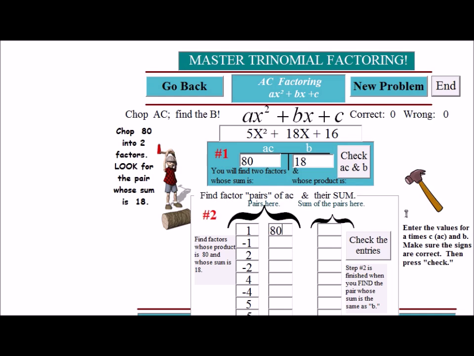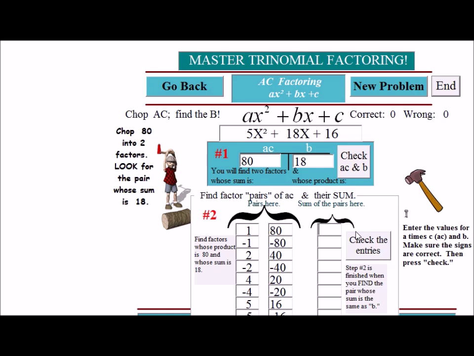Well, that's 1 times 80, negative 1 times negative 80, 2 times 40, 2 times negative 40, 4 times 20, negative 20, 5 times 16, negative 16, and 8 times 10, negative 8 times negative 10. Kind of tedious because they want every single list.